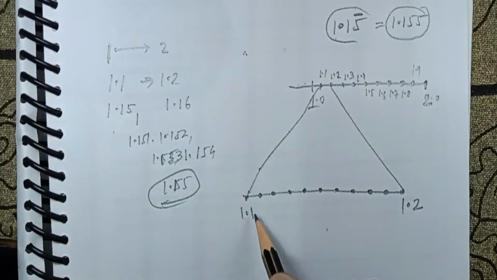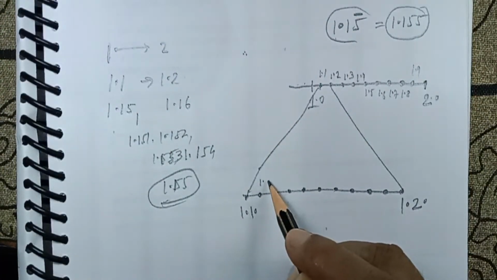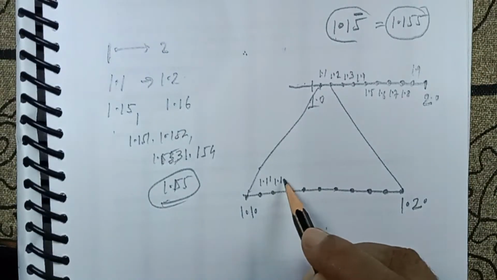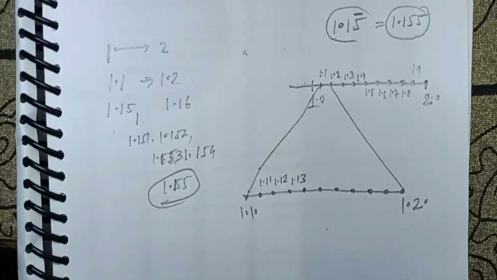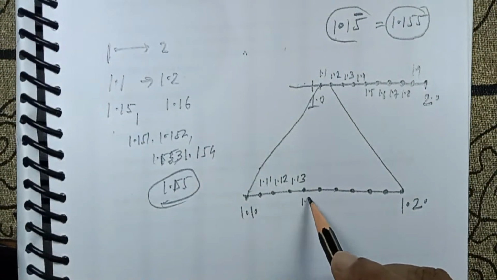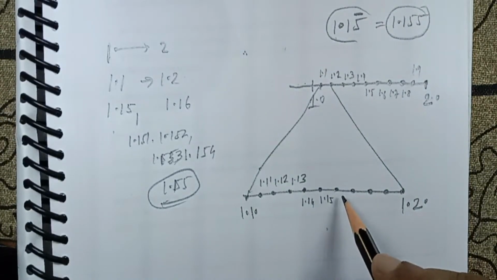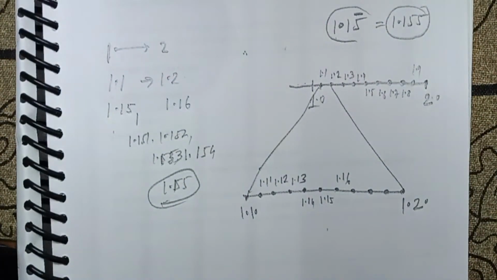So this will be 1 point 0, 1.11, 1.12, 1.13, 1.14, 1.15, 1.16.